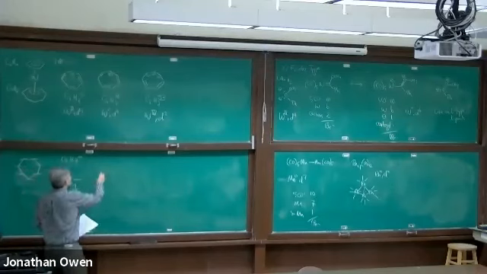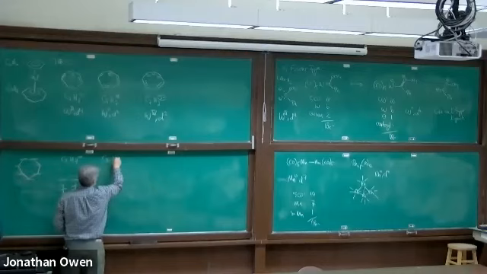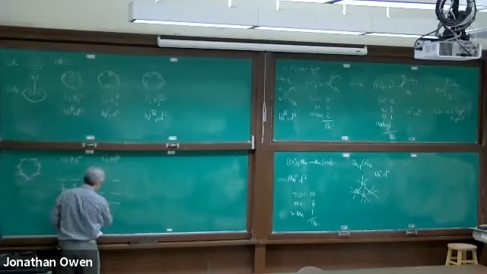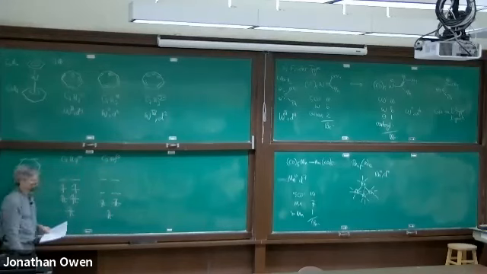Let's do C7H7 plus. Six electrons, aromatic.